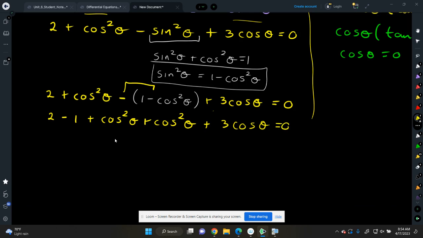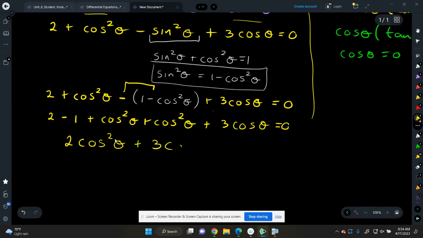So let's see. I have 2 cosine squared theta plus 3 cosine theta plus 1 equals 0. Now I have to factor.